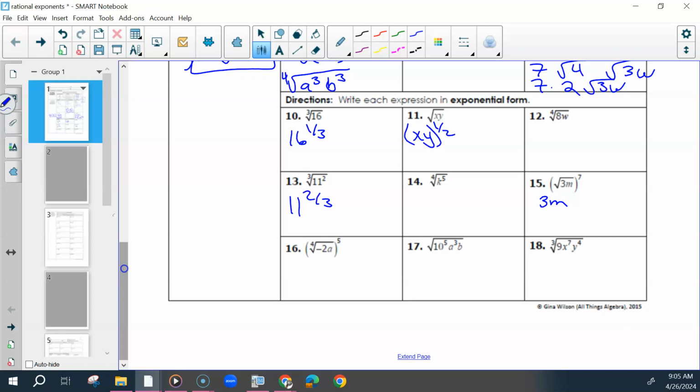It'd be the same power as 11. But in parentheses. But then we can't forget about the 7 out here. And you would use your exponent rules to multiply those two. So what would that new exponent become?